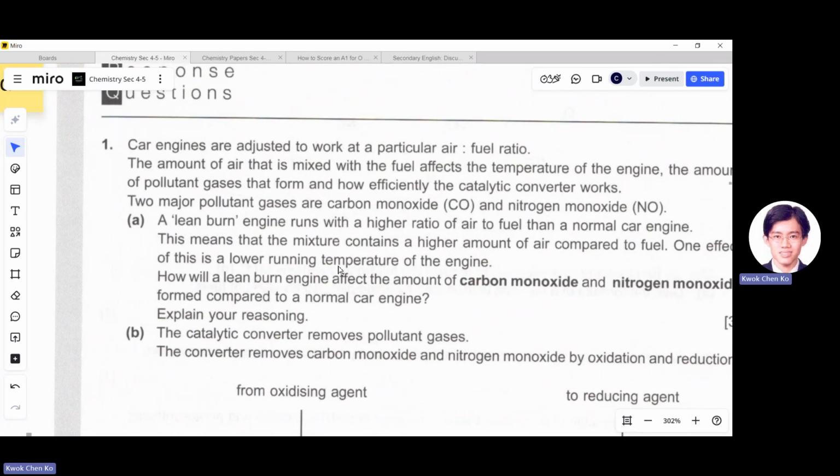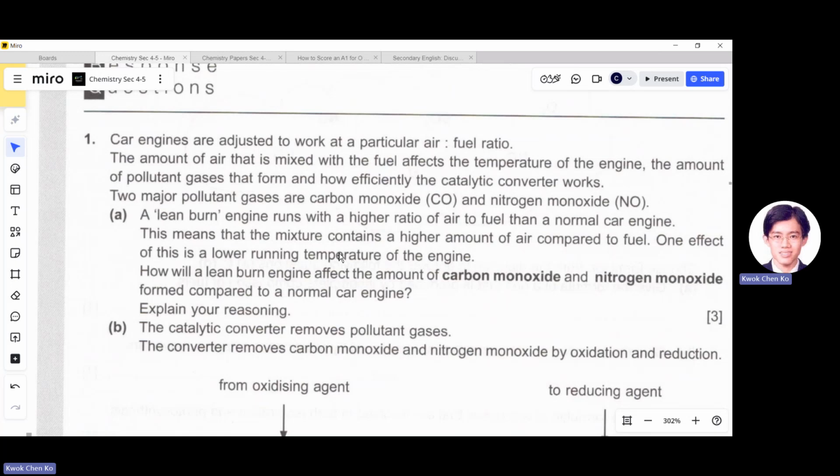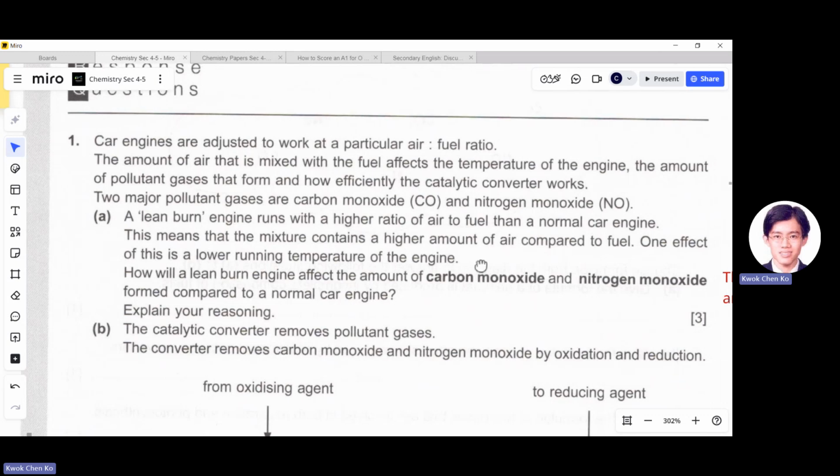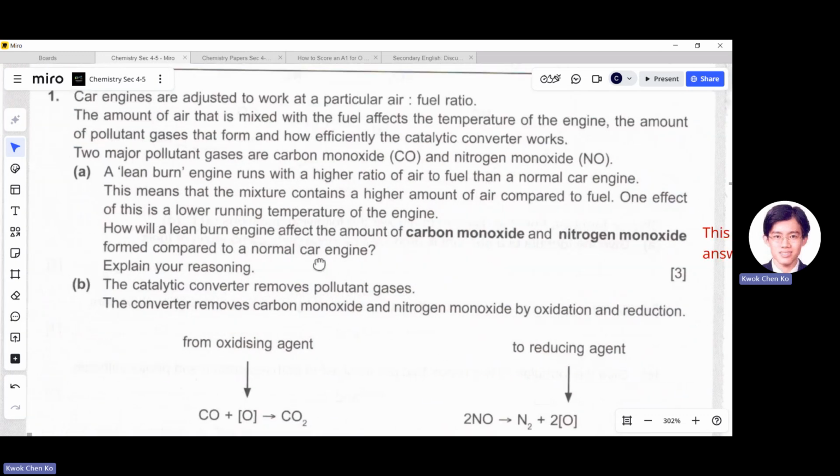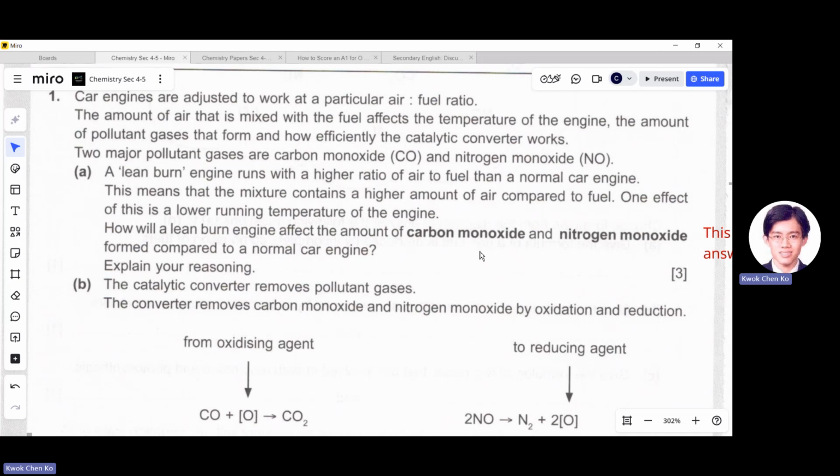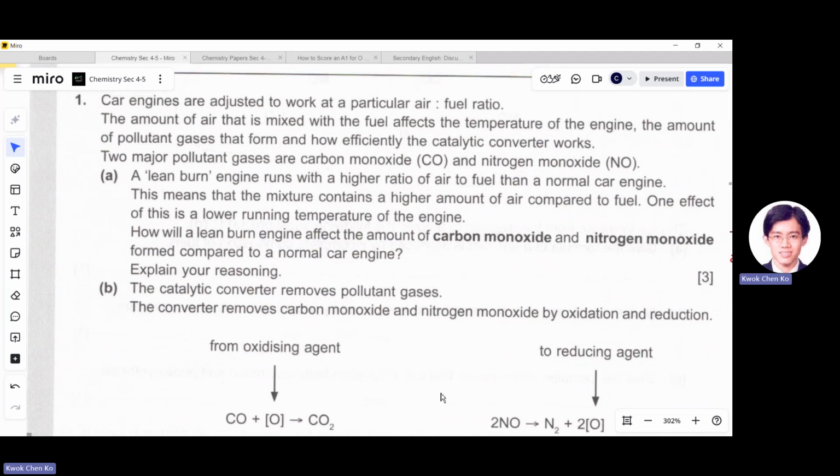Okay, come to this question again. Long story here. Air fuel ratio, lean burn engine, higher ratio of air to fuel. How will a lean burn engine affect CO and NO compared to a normal car engine? Explain. Yep, Sabrina, how do you answer this?